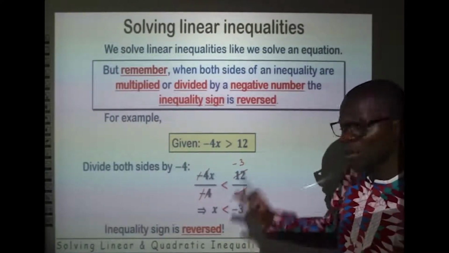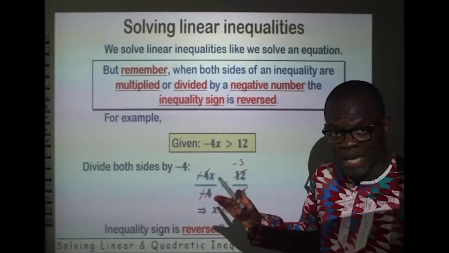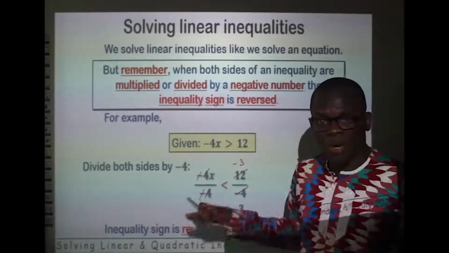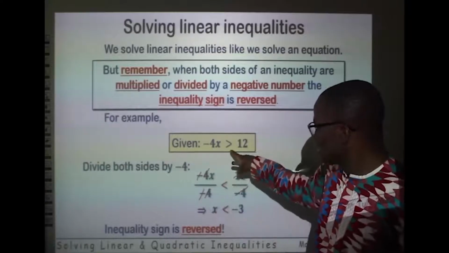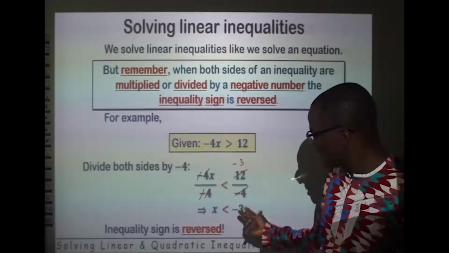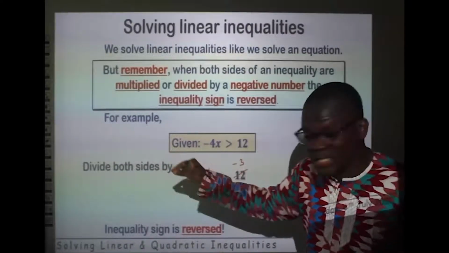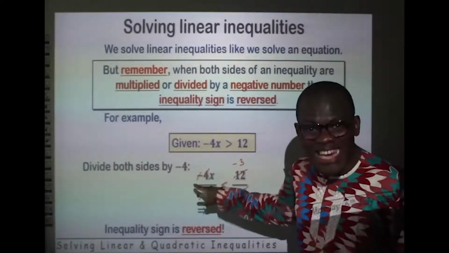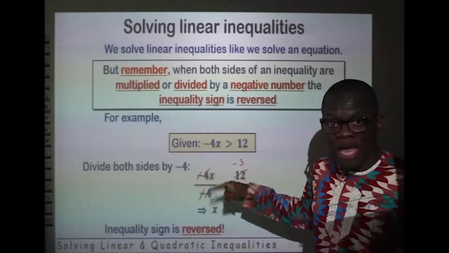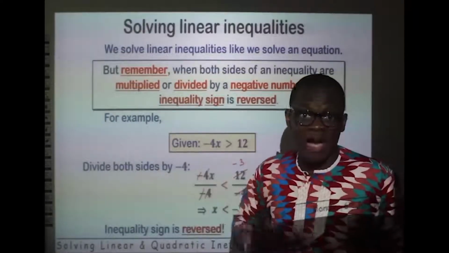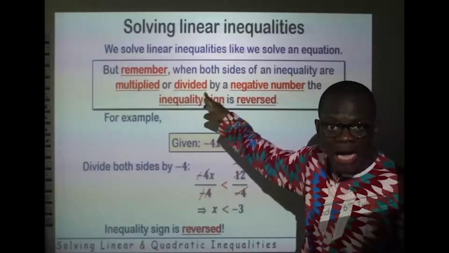What I really want you to pay attention to here is the fact that the inequality sign has been reversed. What I mean by reversed is, we started with greater than, and now it's been reversed to less than, because we've divided by a negative number. The same also happens when you multiply by a negative number. So take note of that.